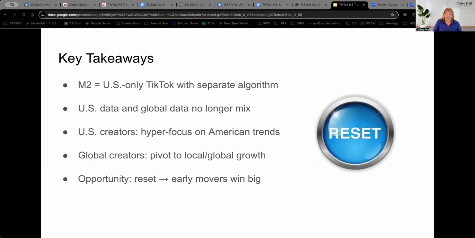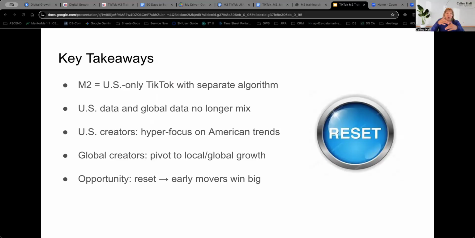So let's recap the big picture. TikTok M2 is a US only version with its own algorithm. The US and global data are completely separate entities. Okay, separate servers, separate LDAPs, separate databases, completely separate.